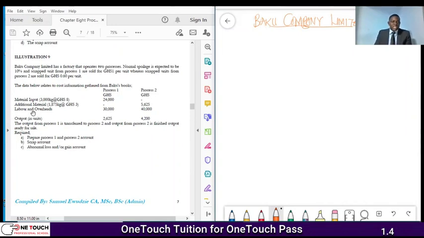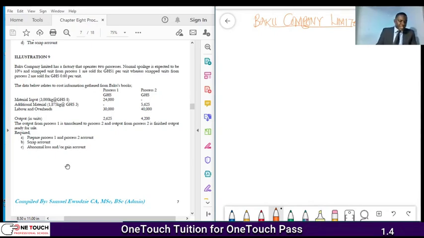We have additional materials introduced 1,875 kg at 3 cedi, that's process 2. We have labor and overhead cost to be 30,000, and output in units. That is process 1 gave us 2,625, and process 2 gave us 4,200. The output from process 1 is transferred to process 2, and output from process 2 is finished output, ready for sale. Required: prepare process 1 and process 2 accounts, the scrap account, and abnormal loss and gain account.